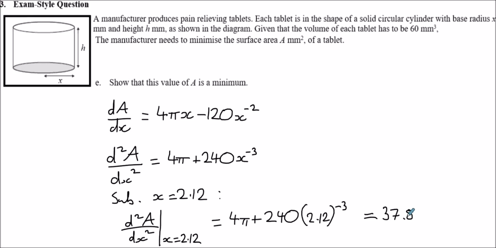The main thing is that's a positive value. That's greater than 0. And so this stationary point, where x is 2.12, has a second order derivative which is a positive value. When the second order derivative is a positive value, we now know that that shows that that stationary point is a minimum. So therefore, when A was 85 millimeters squared, which is when x is 2.12, we now know that must have been a minimum.